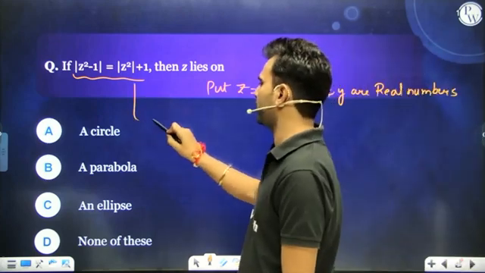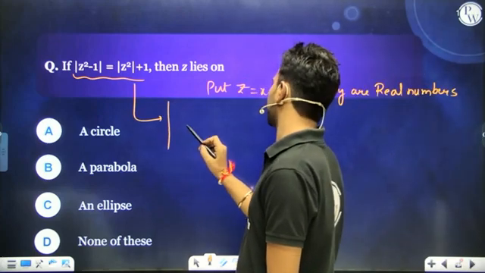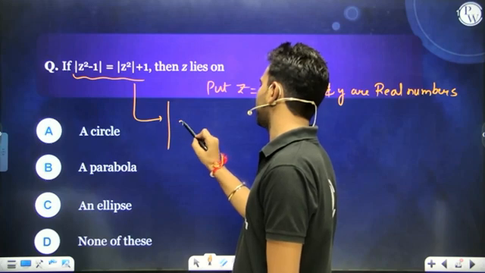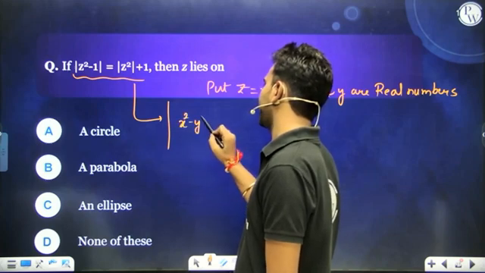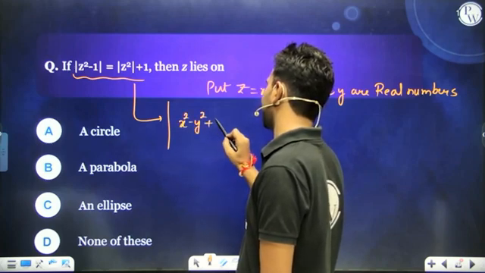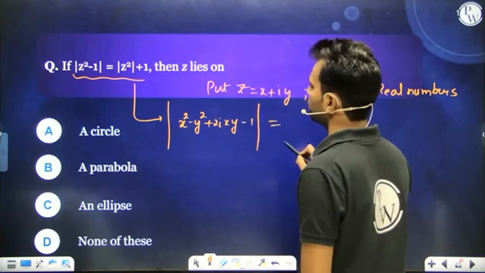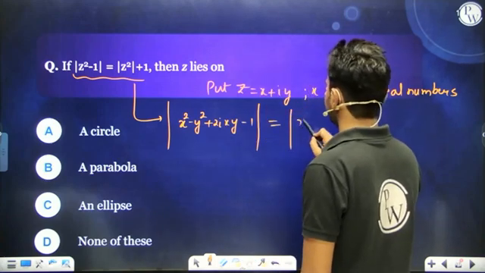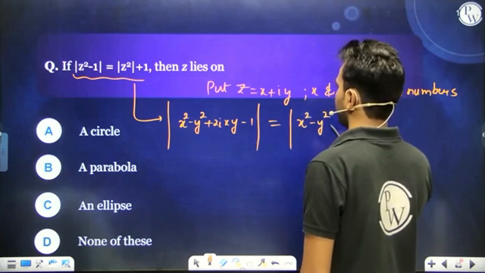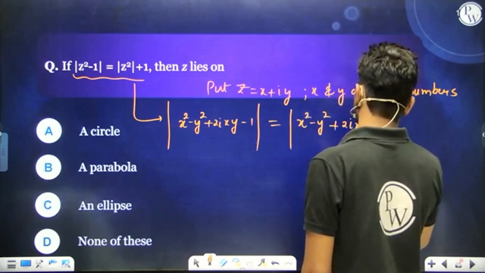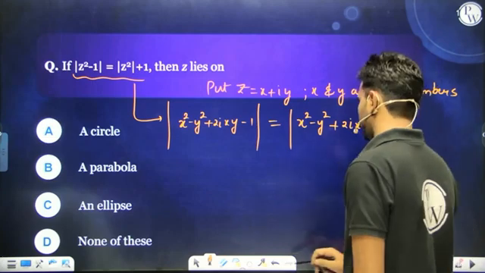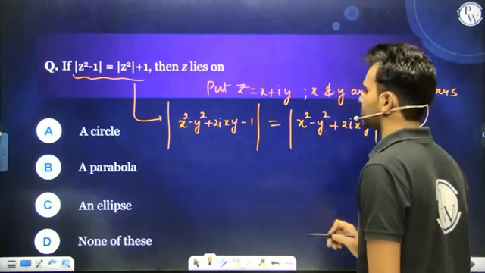Okay, let's put it over here. So the moment you put it over here, the value of z square will be x square minus y square plus 2ixy. Minus 1's modulus is equal to x square minus y square plus 2ixy plus 1's modulus. Yes, okay.